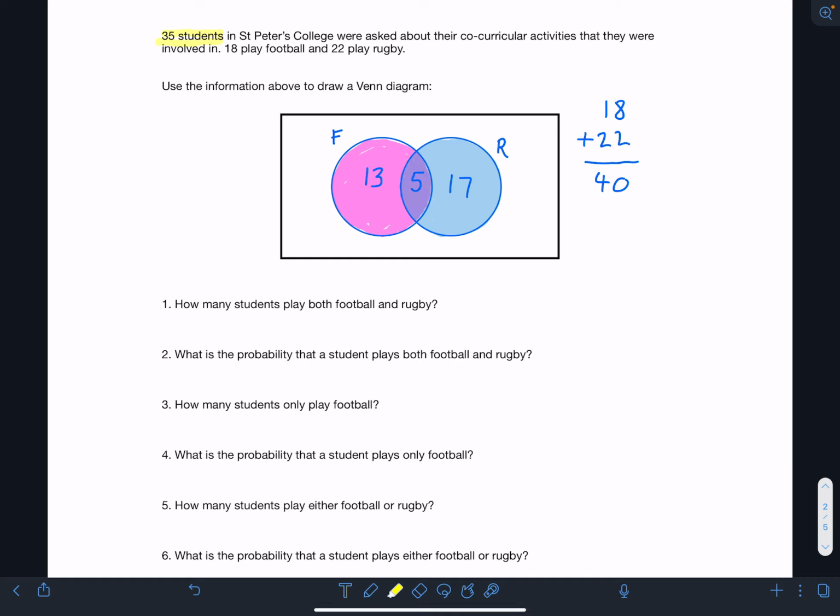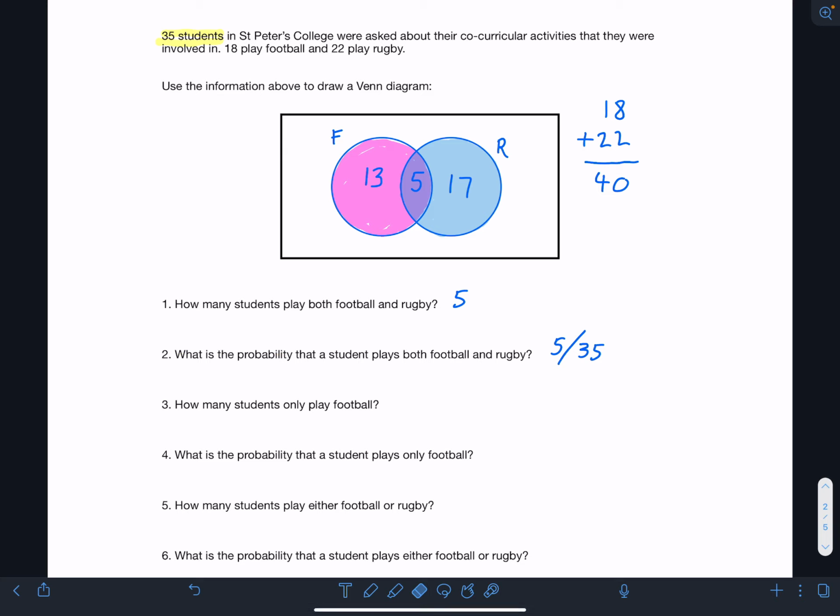So that's 5 students will play football and rugby. And the probability for question 2, the probability that a student plays both football and rugby is actually 5 divided by the number of students. 5 divided by 35. Okay.